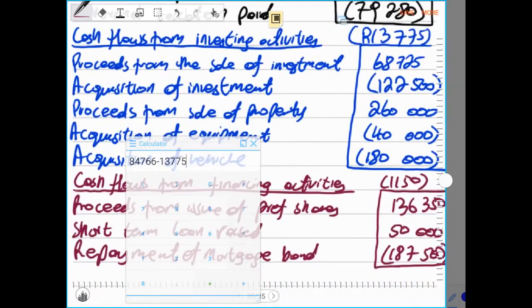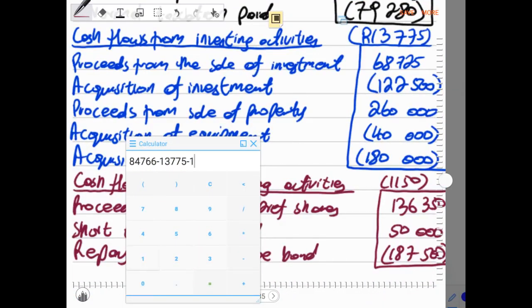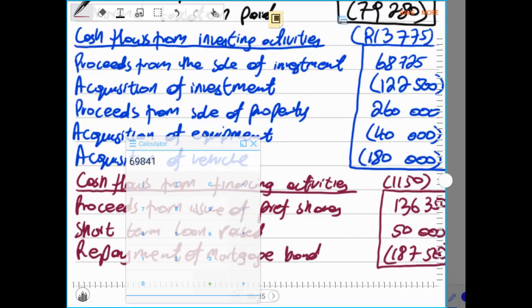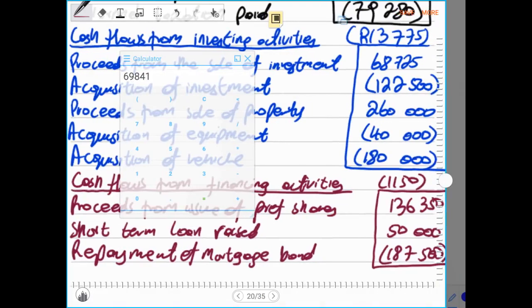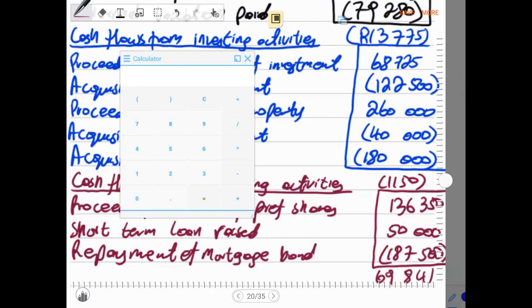Then after we have negative 1,150, and that will give us a total of 69,841. Let me just rephrase that.